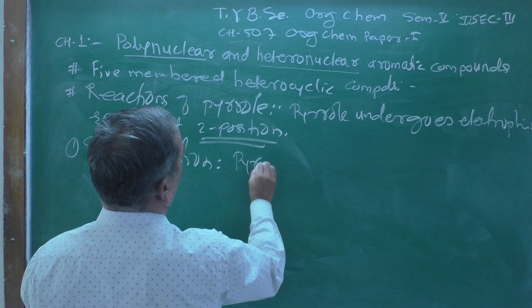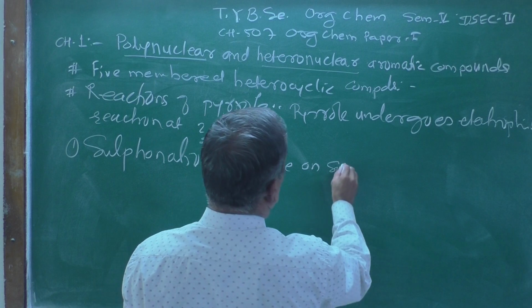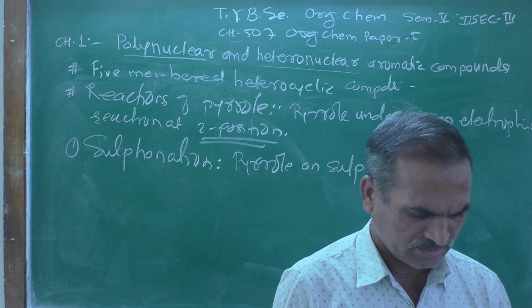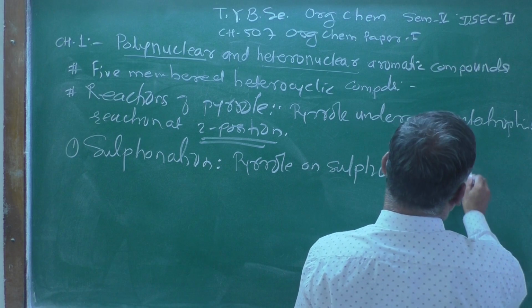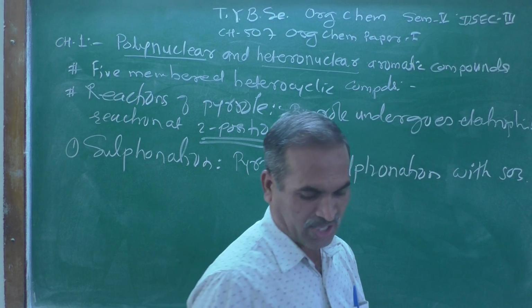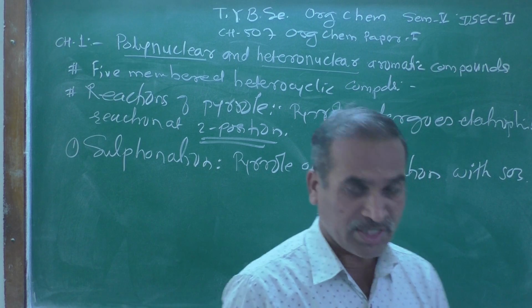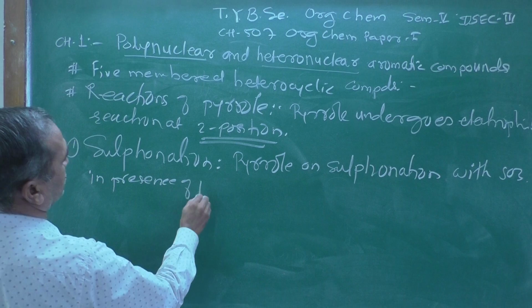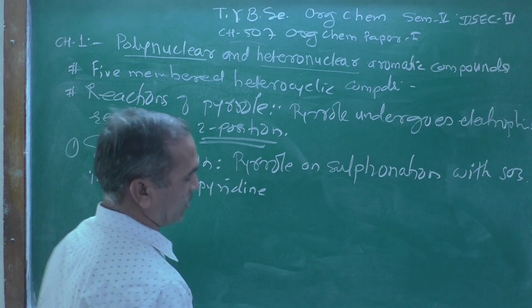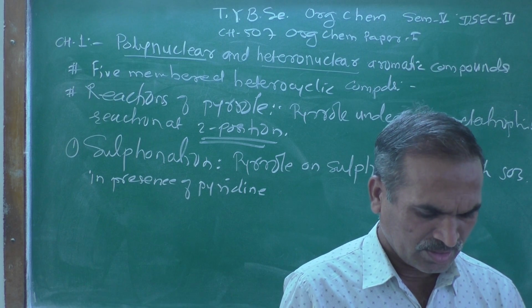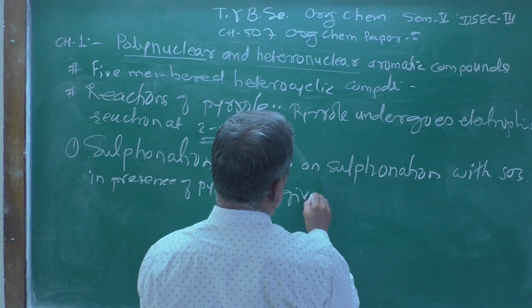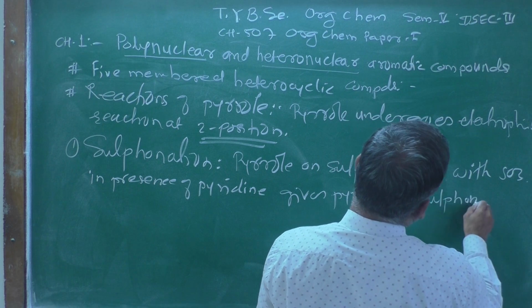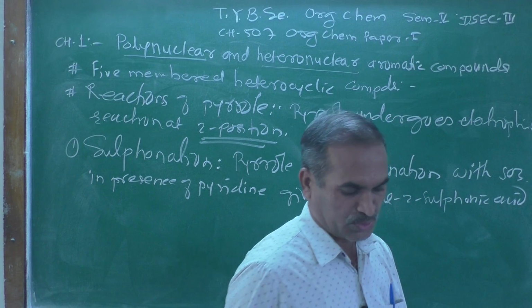Pyrrole on sulfonation with SO3, sulfur trioxide, in presence of pyridine gives pyrrole 2-sulfonic acid.